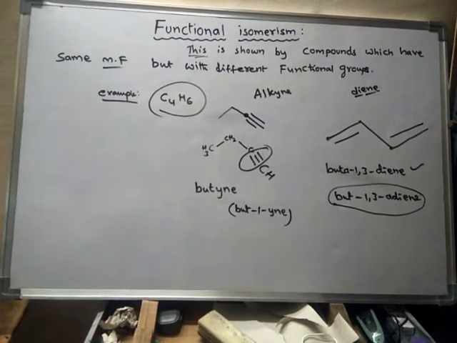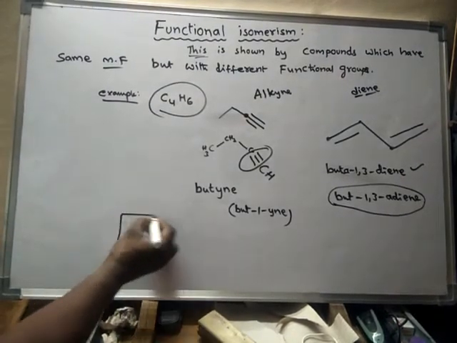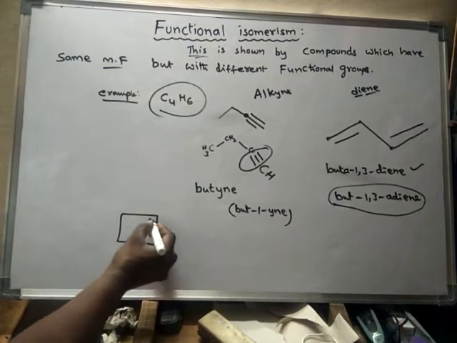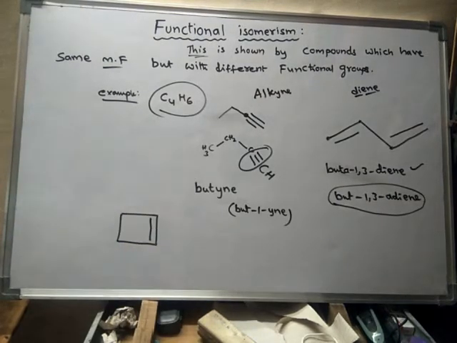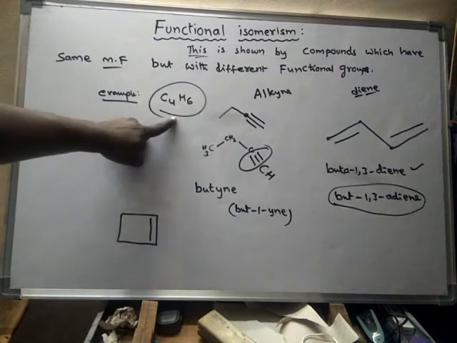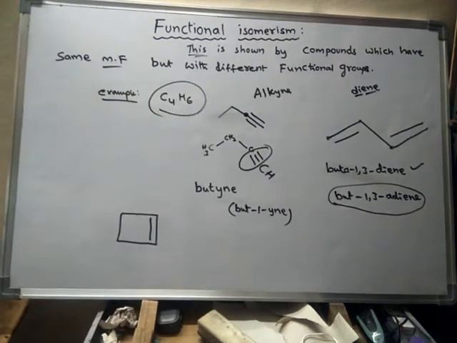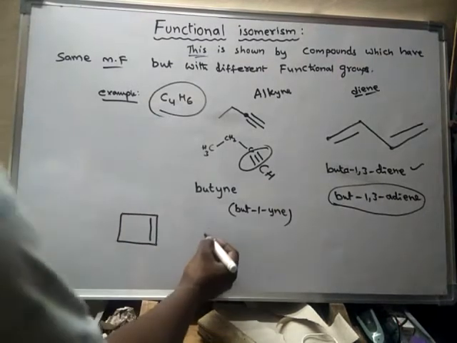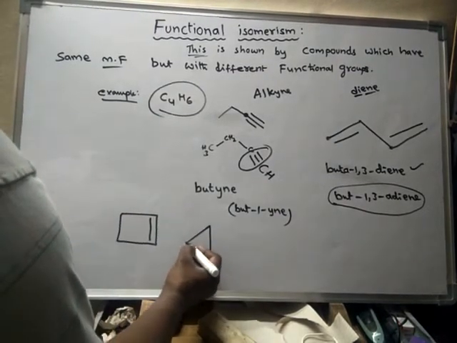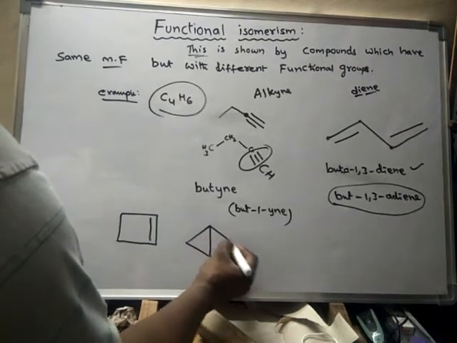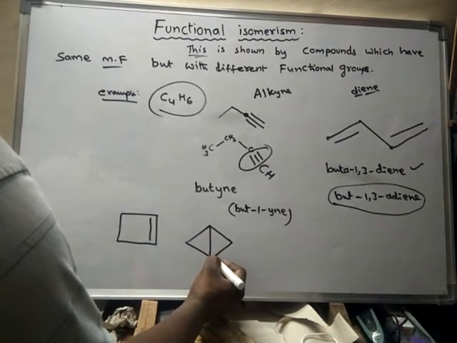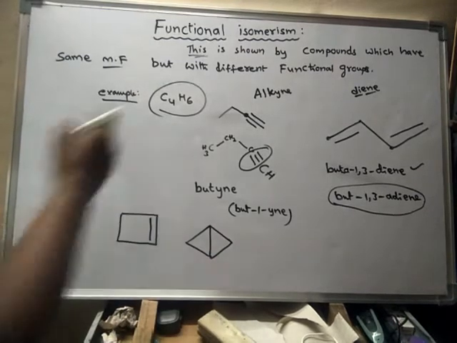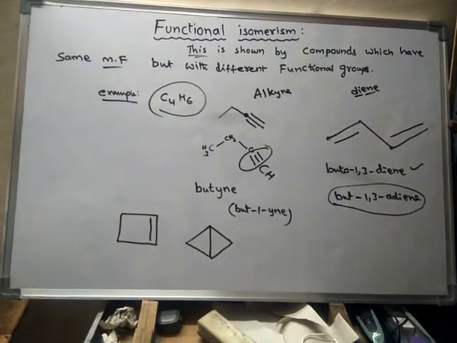Let us learn some more examples. Look here, this is a compound. Even this compound has the same molecular formula, but it is a cyclic compound. Now this one also, even this is a bicyclic compound, and it also has the same molecular formula. So these are said to be functional isomers.